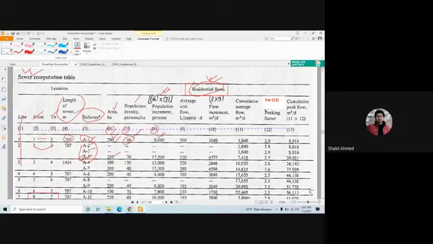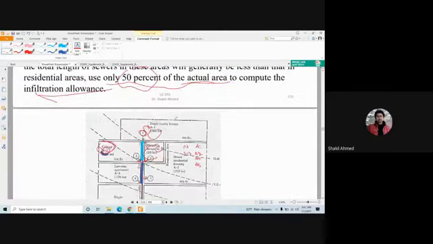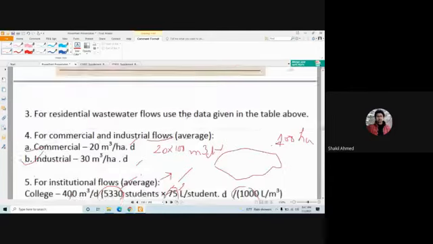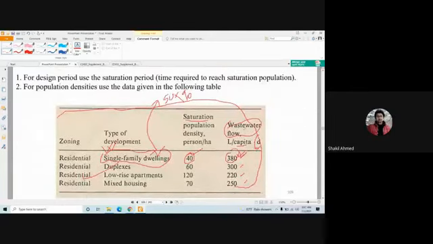Average unit flow. What's that? A1 is single family dwelling, right? For single family home, what is the wastewater flow per unit, liter per capita per day? 380.